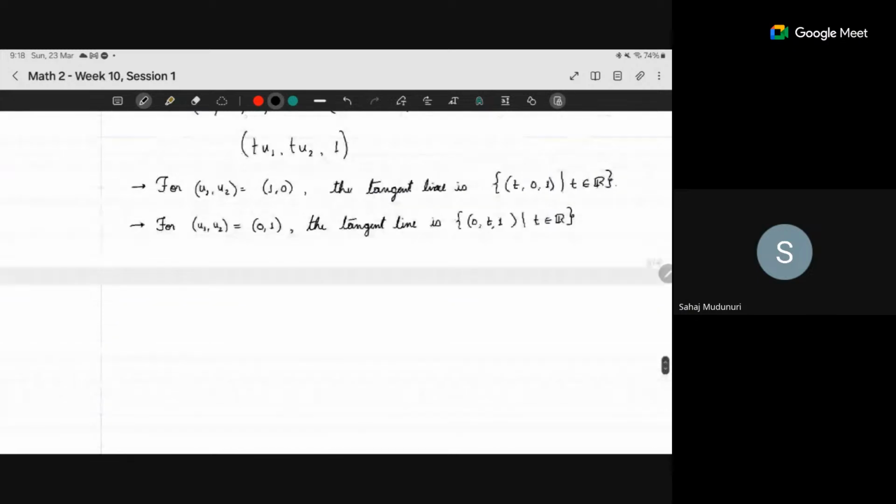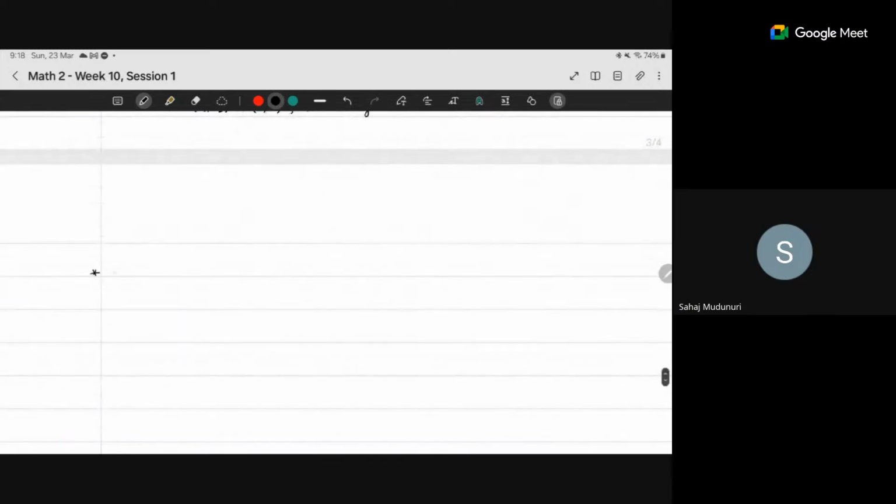So for the same function, just to demonstrate a better example, for f as above, compute the tangent line at some other point.